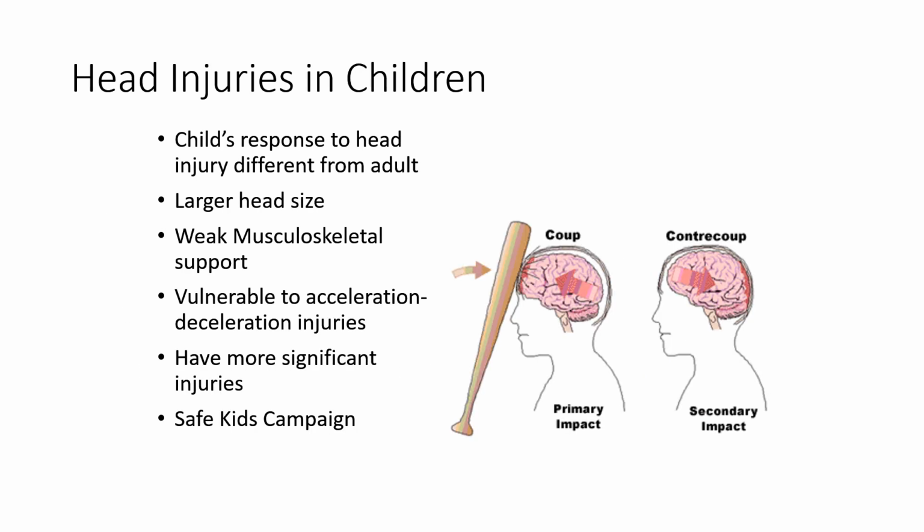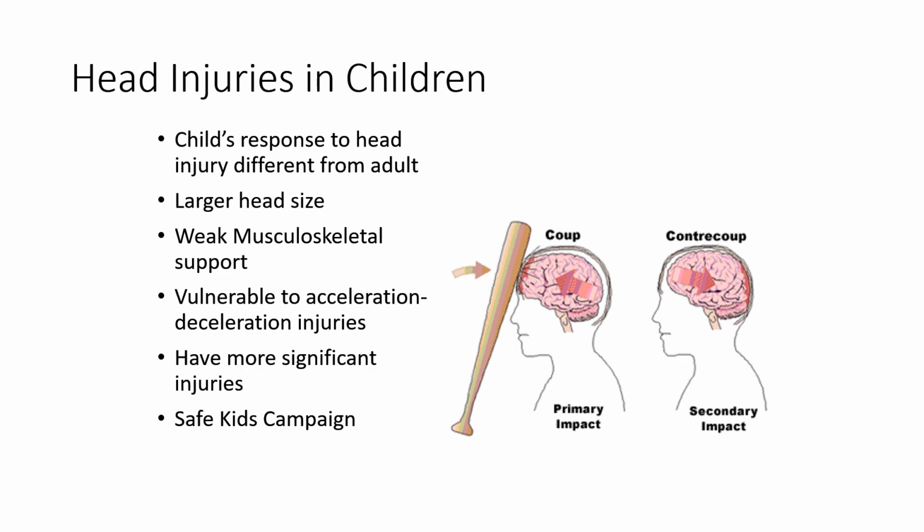Children have a very different response to head injuries. Their head is larger in size compared to their body, and they have very weak neck muscles and shoulder muscles, so that they are more prone to acceleration, deceleration injuries. And this means that the patient will have a brain injury at the point of contact.